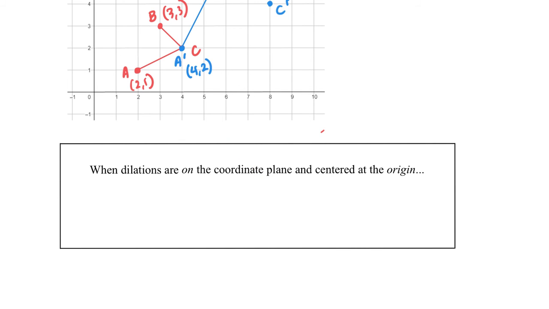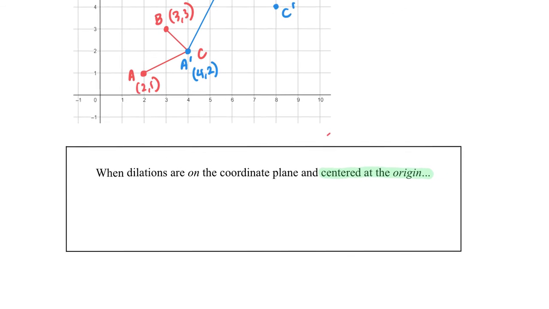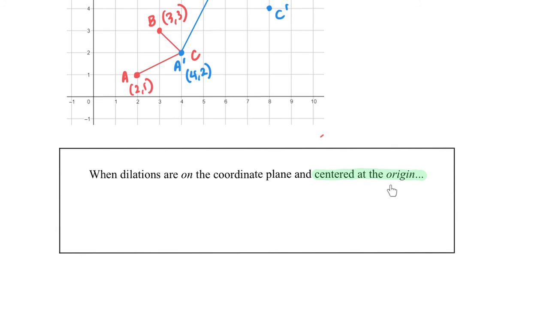Okay, so what we find is when the dilations are on the coordinate plane and centered at the origin, this is important. If we do some dilations later on in the year or in this unit and they're not centered at the origin, this rule doesn't apply anymore. It has to be centered at the origin.